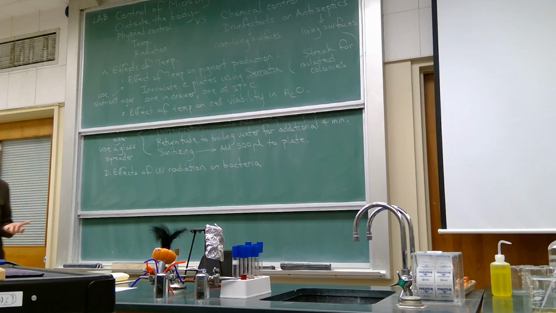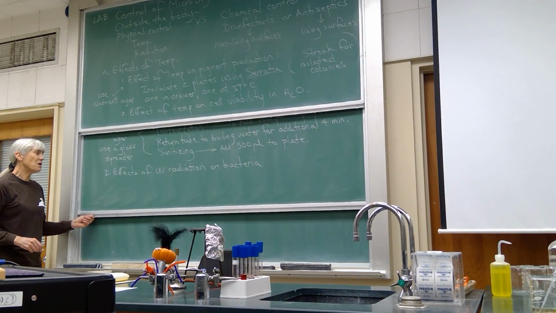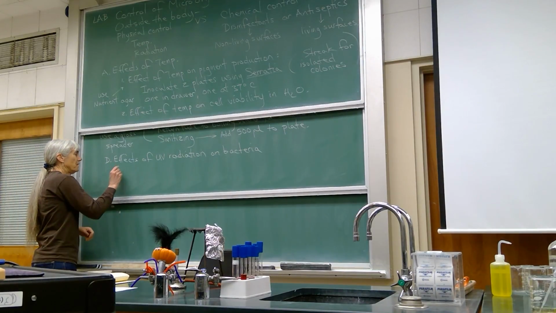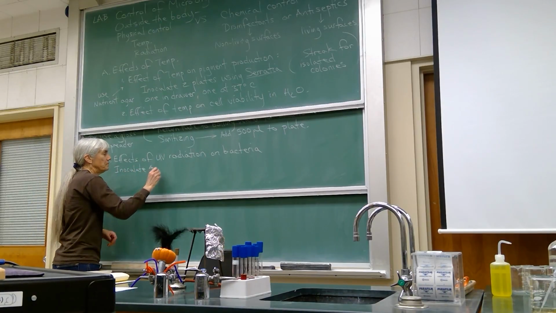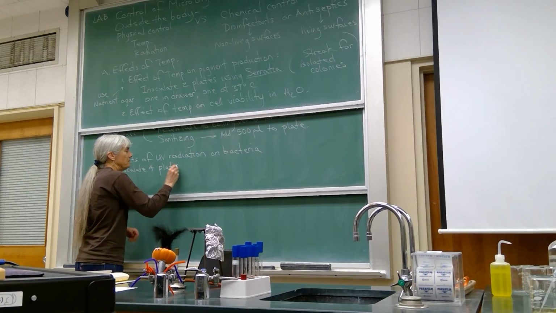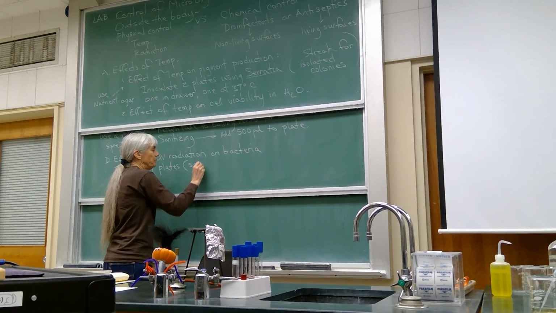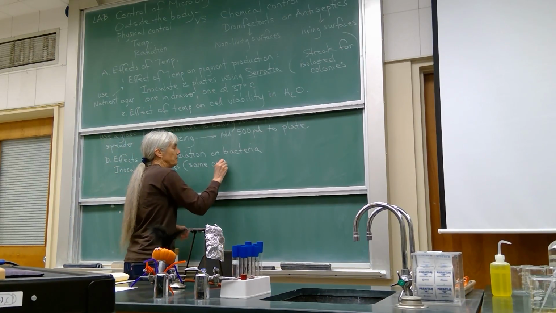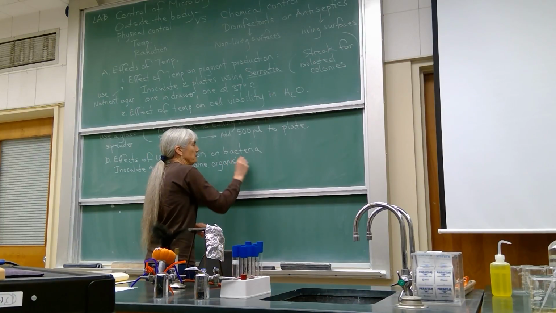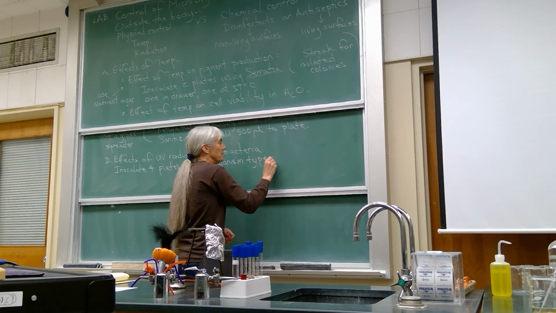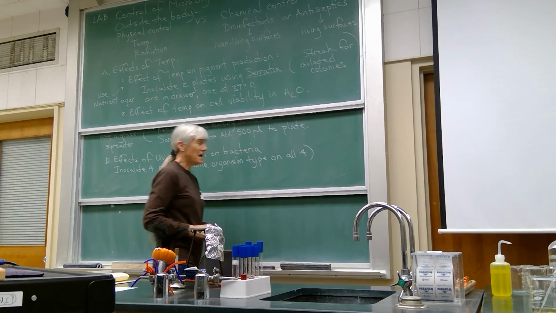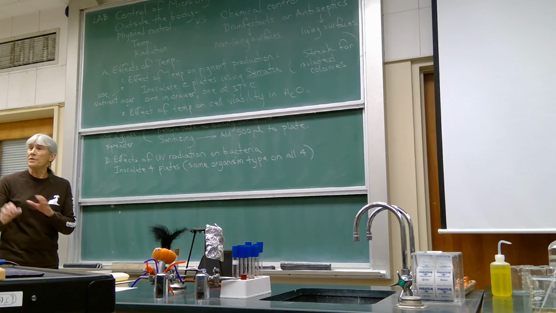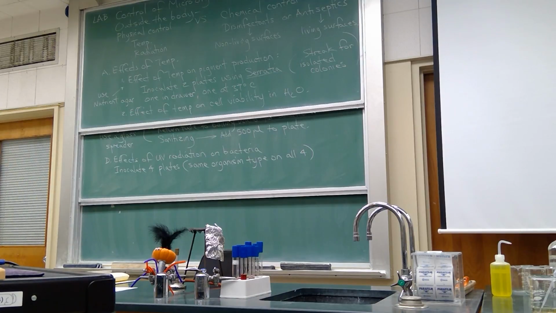Well, so again, you're working in groups, and each group is going to inoculate 4 plates. You're going to use the same organism type on all 4 plates, but within the lab, we have 6 different organism types that you could use for this exercise.